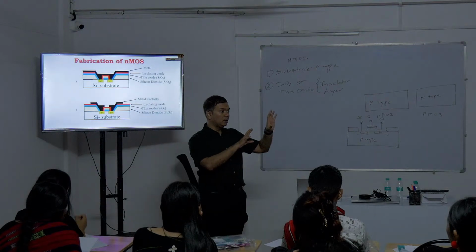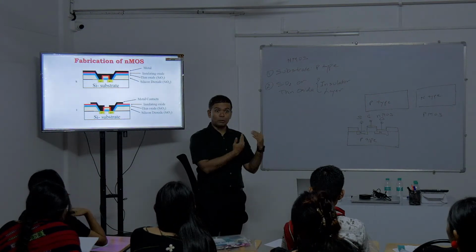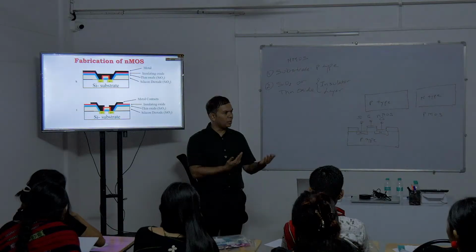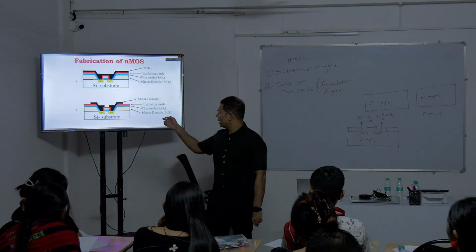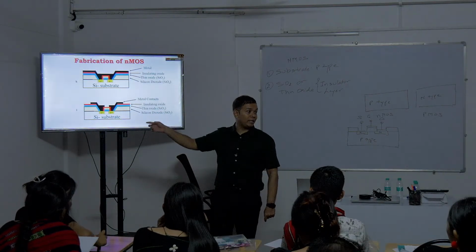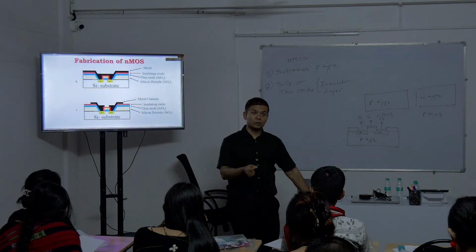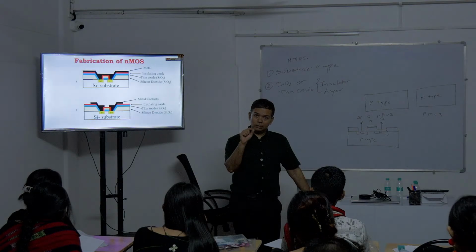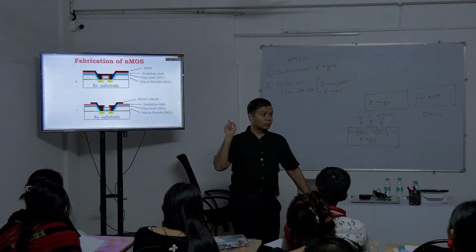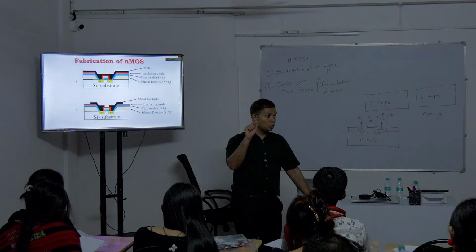We put a layer which will absorb the sound so it will not go outside, similar to that. This will protect against any short circuit between the layers, because just think about it: if there is any short circuit between the layers, this device is not going to work properly.